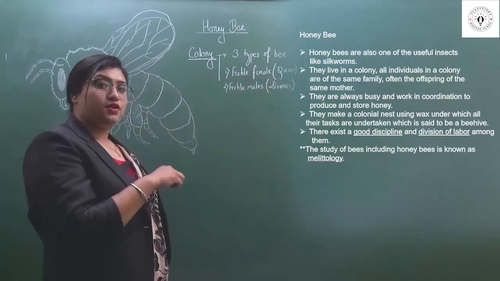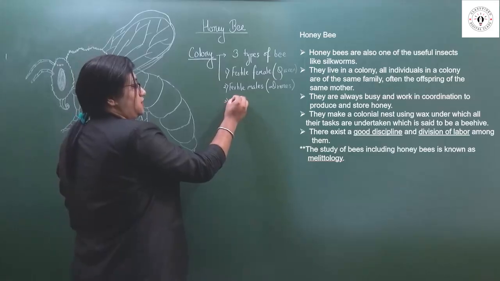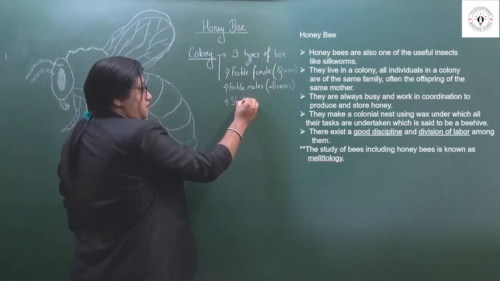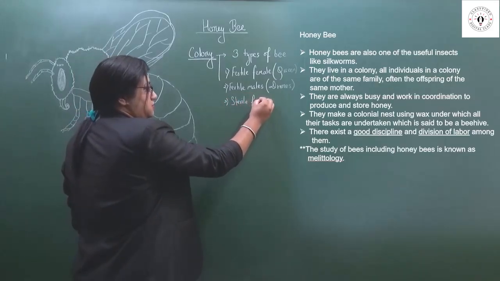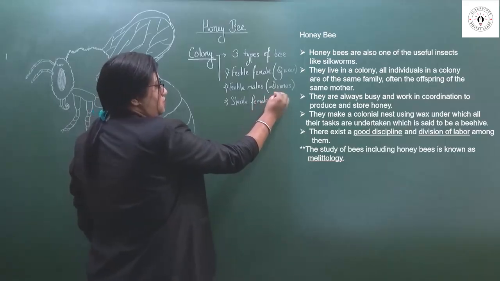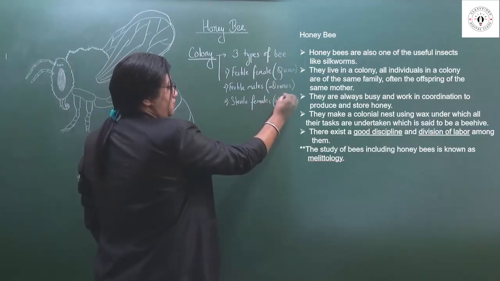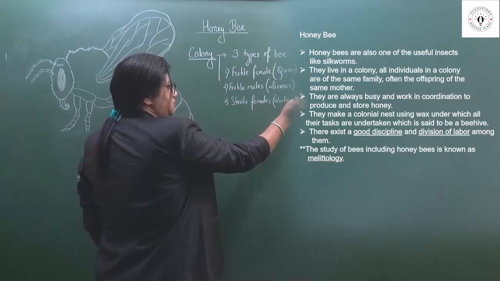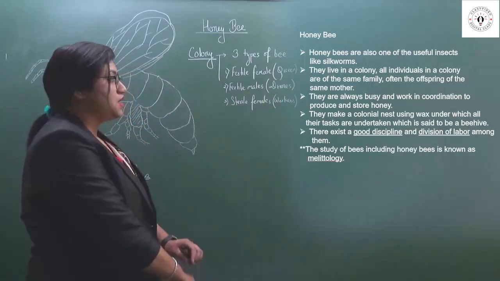And the third one is the sterile females, which are known as the worker bees or the workers.